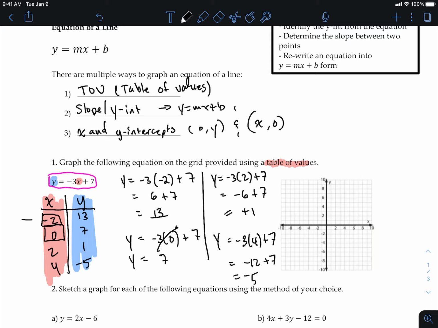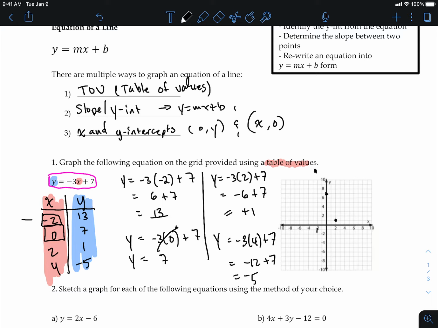That's why Y equals mx plus b works. That's why we have that. That's why we use it, right? So I can go plot these things now. -2 and 13 would be somewhere up in here. Then I could plot 0, 7. And then I could plot 2 and 1.